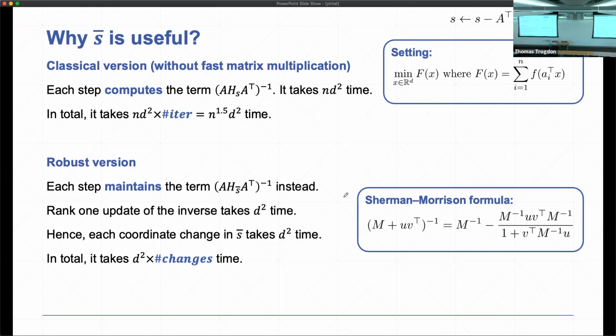In fact, this algorithm is very special in the sense that the running time is invariant under the step size. If you make the step size smaller, the updates on S bar will be slower and the total running time will still be the same, unless you make the step size so small that it doesn't make sense. So the run time is quite invariant, which is a good thing.